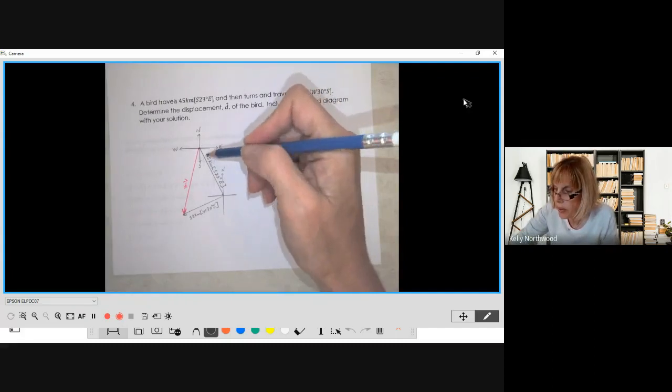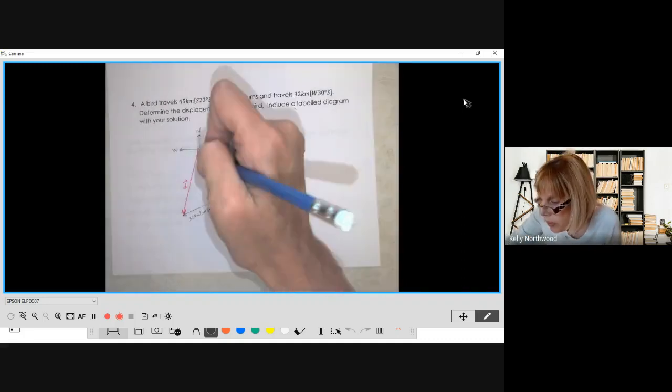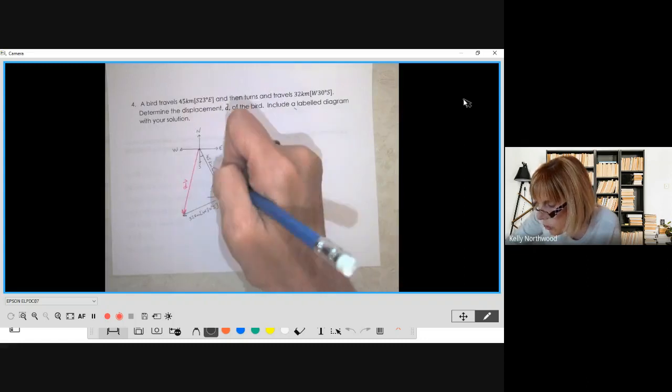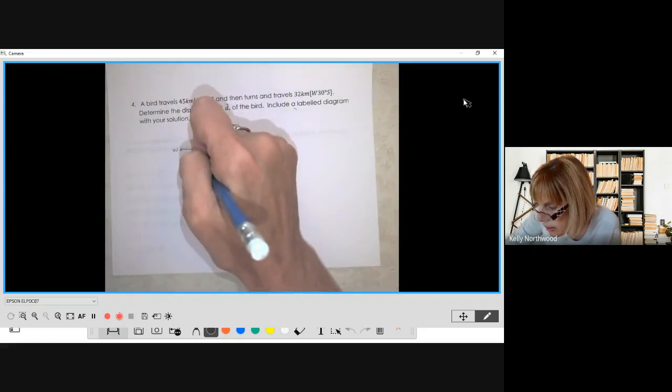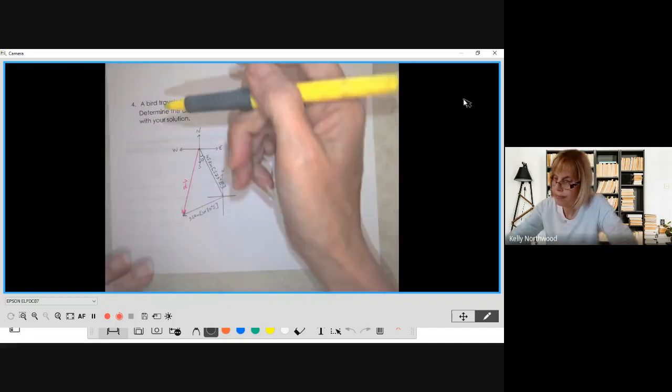So I know this vector is 45 kilometers long, and this vector is 32 kilometers long. And to get my angle, well, I know this little angle in here is 23 degrees. And I can do a Z pattern.